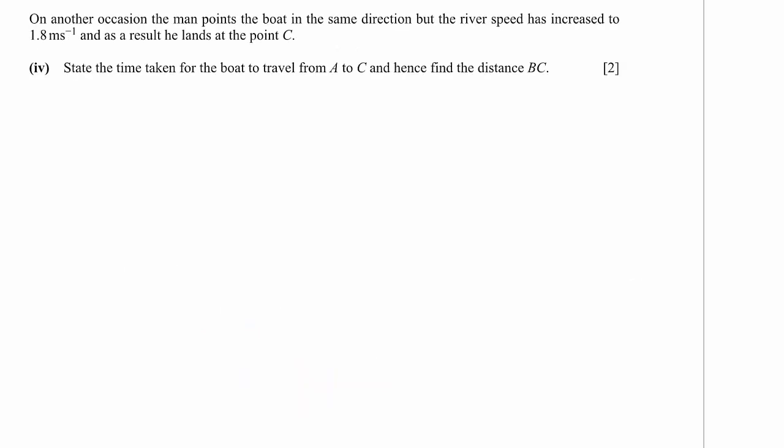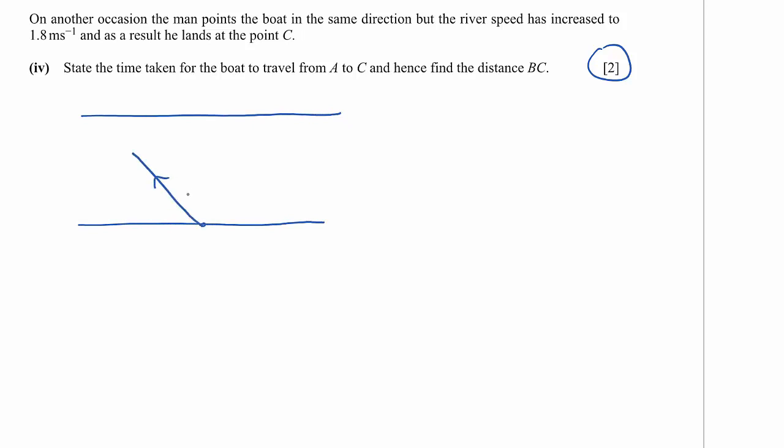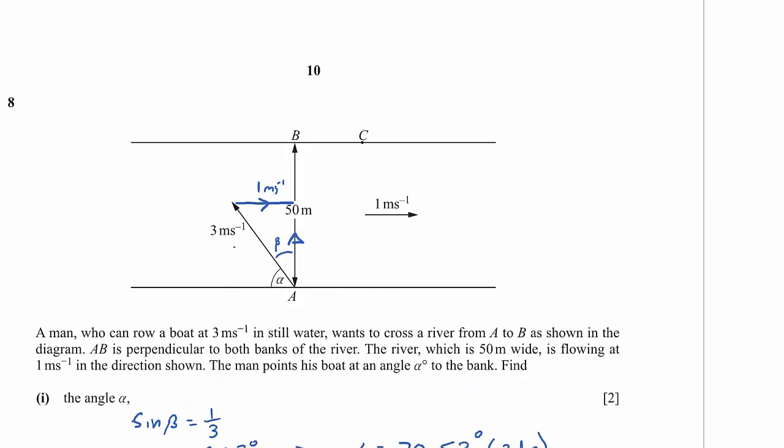On another occasion, the man points the boat in the same direction, but the river speed has increased to 1.8 meters per second, and as a result he lands at the point C. State the time taken for the boat to travel from A to C, and hence find the distance BC. This is only 2 marks. At first glance, he's pointing this way, and we know that this angle was 70.53.